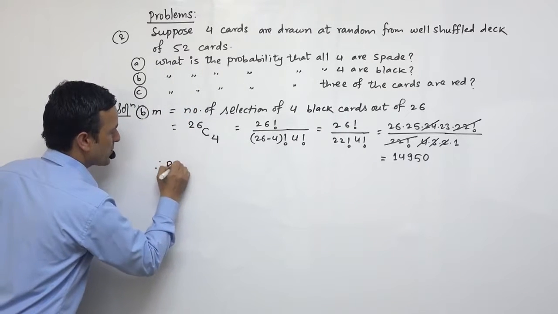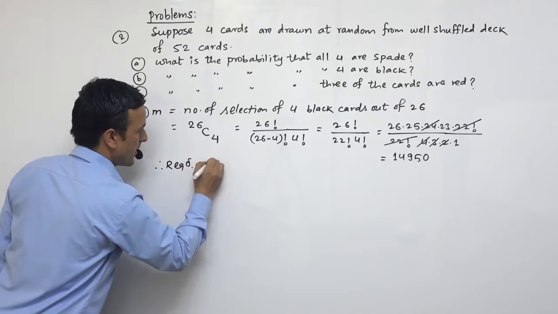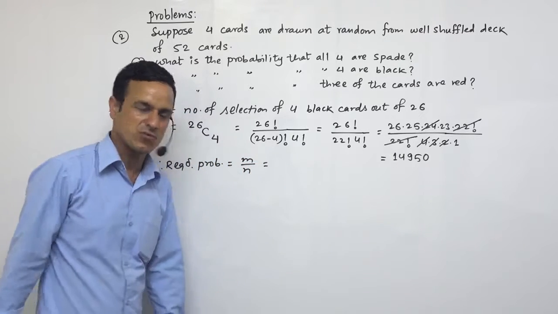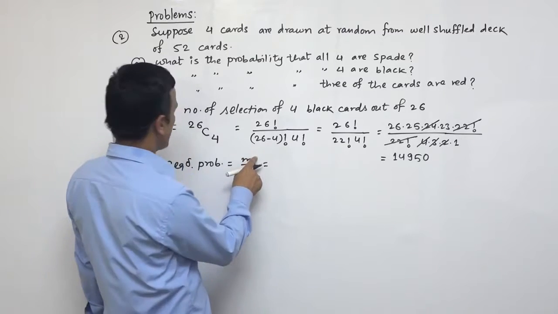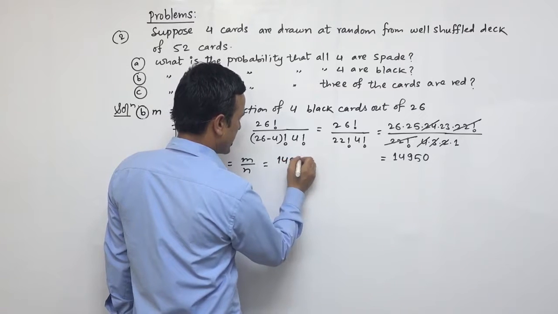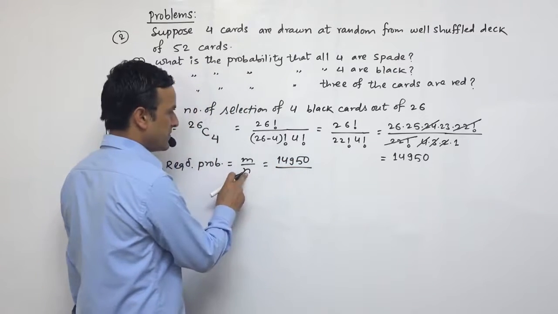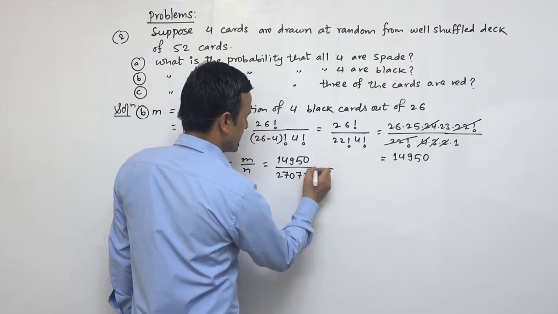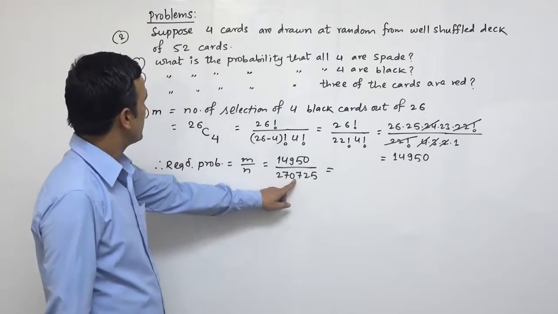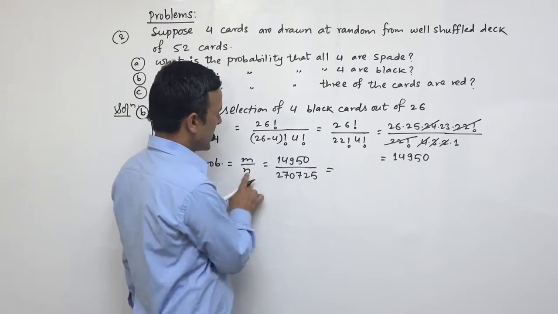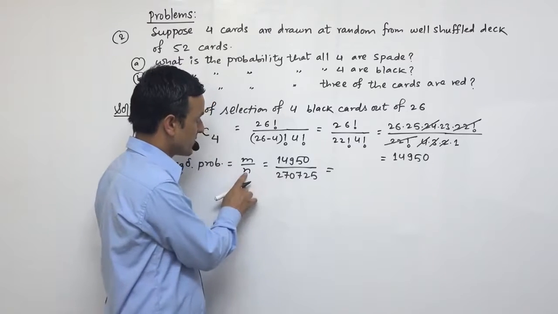And so the required probability is m by n. This is the formula to find the probability, and we have the value of m is this one, 14,950 divided by n, which is 270725. n को भ्यालु हामीले प्रिभियस पहिले क्वेशन नम्बर ए मा हामीले जुन निकालेका थियौं त्यही भ्यालु राख्नु पर्छ. n never changed out of possible result.